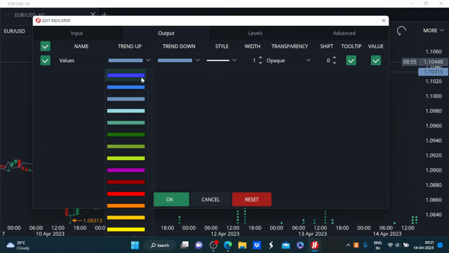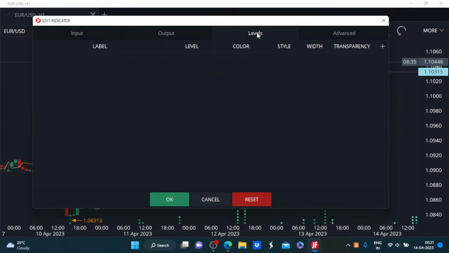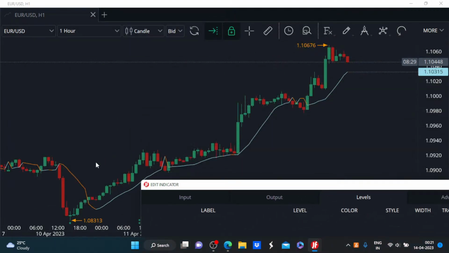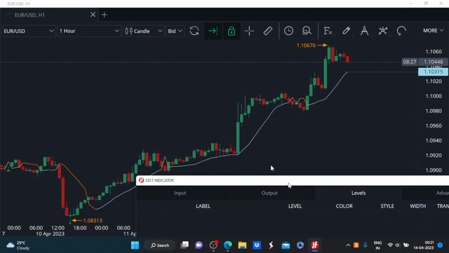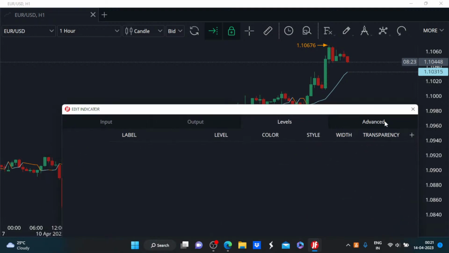So here you can opt for a different color combination, and on this side you can go for a different one. Styling can also be varied, so we get all these options here. There is nothing much we can do in terms of levels, but here you can notice that the color combination is now giving us more colorful output of this indicator.